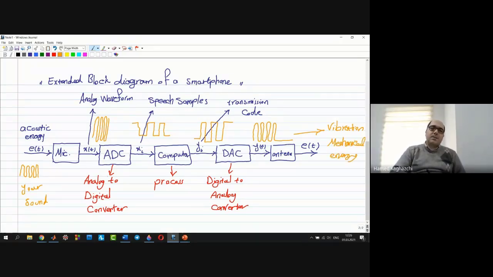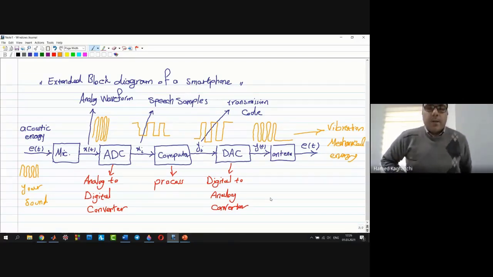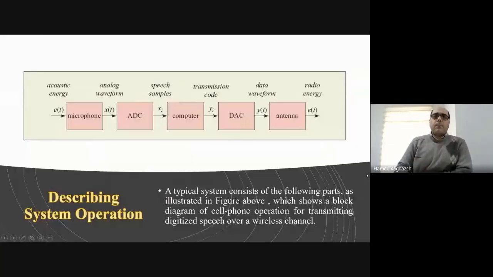This process is done through the smartphone, so that we can hear your voice and two persons can hear each other's voice, and so on. Generally, this is the extended block diagram of a smartphone that I tried to show you.